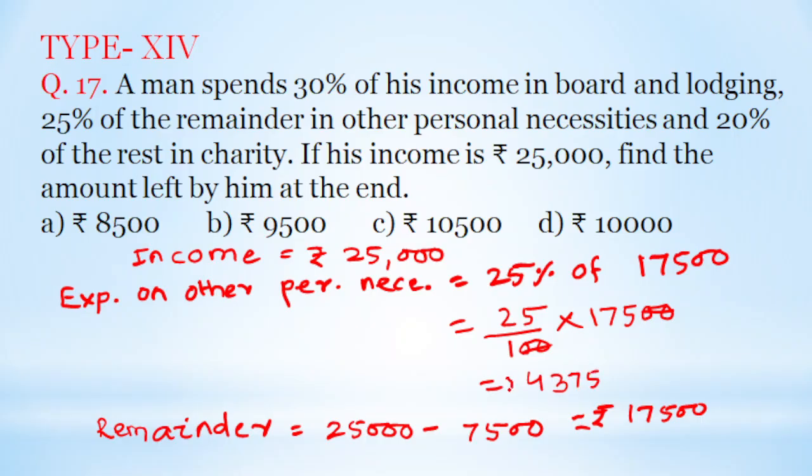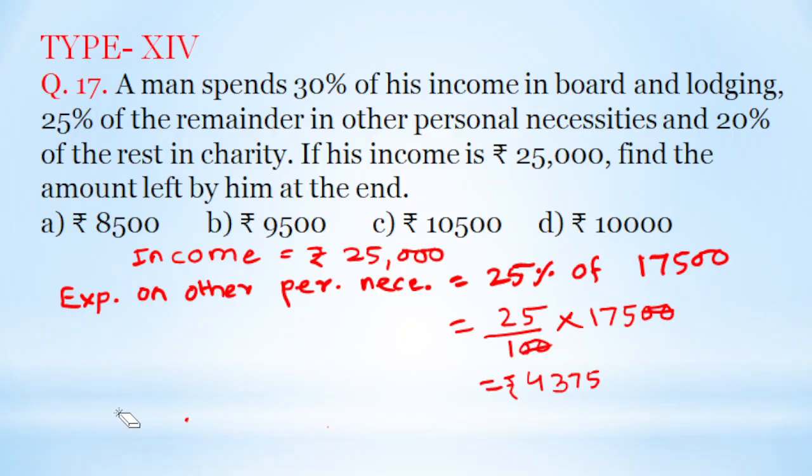So here this is rupees 4,375. So the rest is, 20% of the rest on charity.